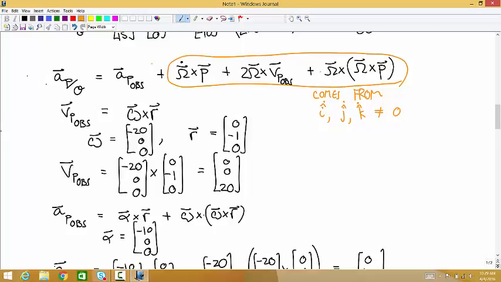So those bring in those extra adjustments, correction terms. Any other questions about that?